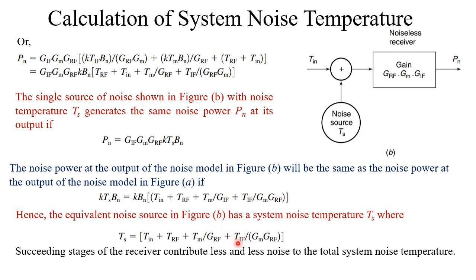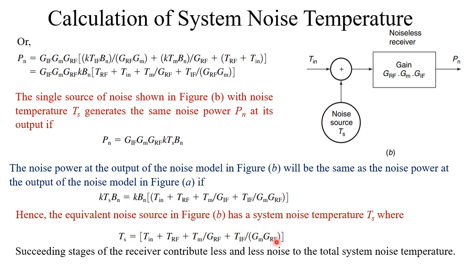And as far as IF is concerned, the third term, right? IF was in the third position, so third stage. So TIF divided by GM multiplied by GRF, okay? So its contribution is even lesser because along with GRF, we have the GM term. So if the IF amplifier noise contribution, suppose TIF, is very high, this TIF is actually divided by GM and GRF.